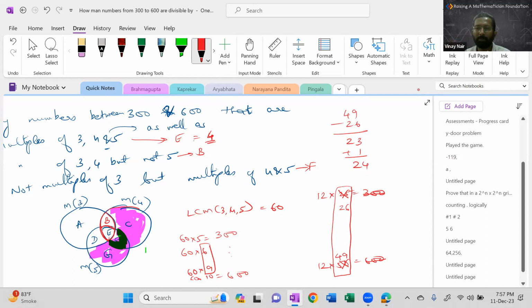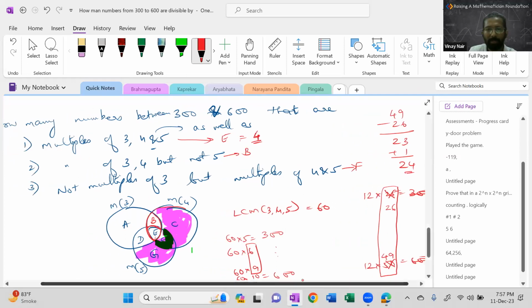It is 5 minus 1 plus 1, right? Because 5 minus 1 will be 4, but from 1st to 5th of January, there are 5 days. So when we are counting the number of days, we have to count the first one as well. Difference will not count the first one. We are counting the first one, which is that plus 1. So 24 multiples of 12 between 300 and 600, but not 5.